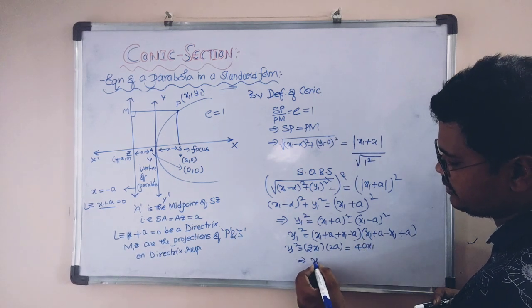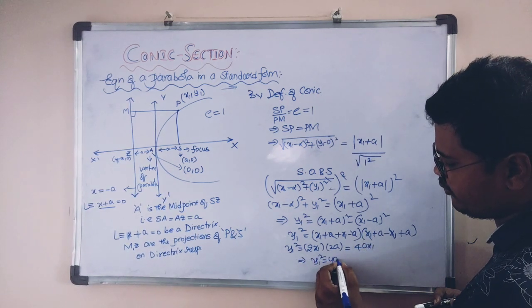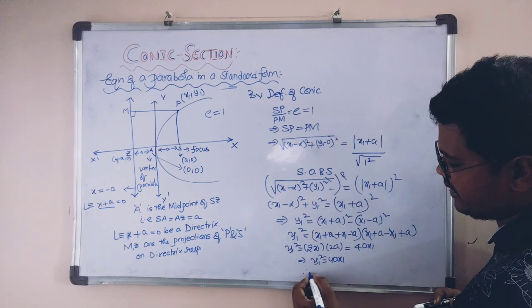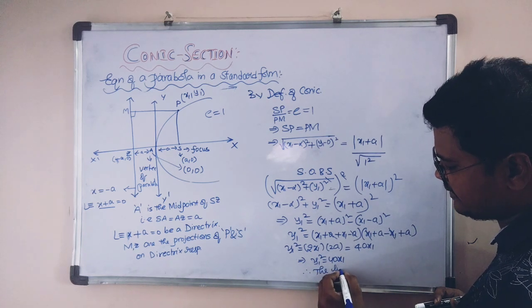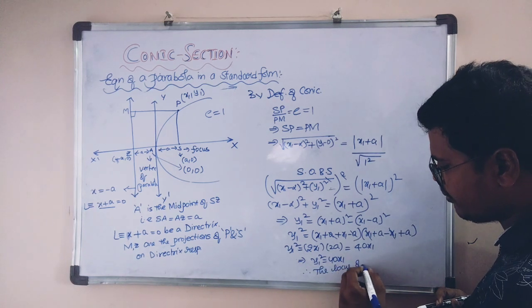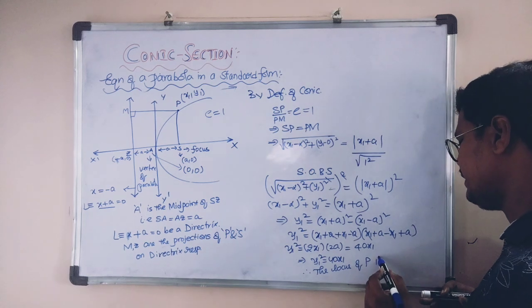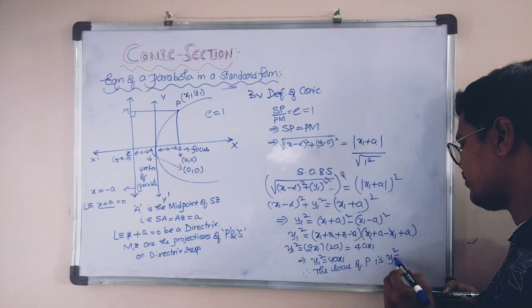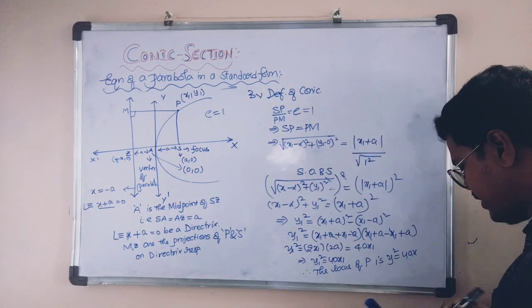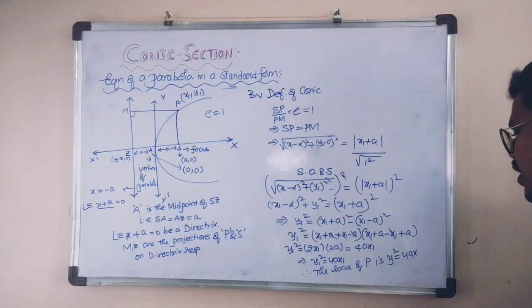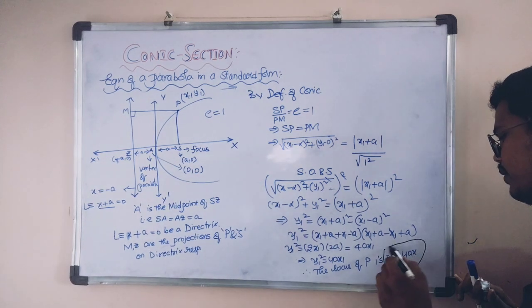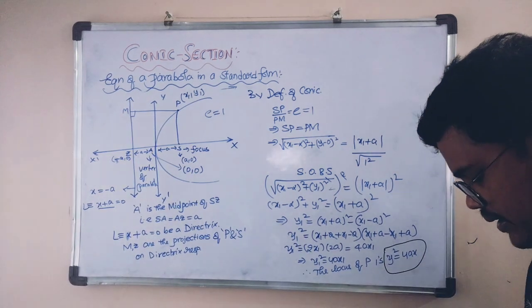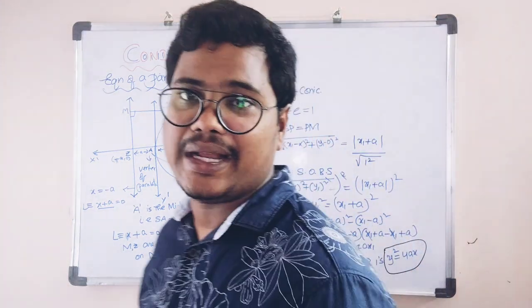That implies y1 square is equal to 4a x1. Therefore, the locus of point P is y square equal to 4ax, which is known as the standard form of a parabola.